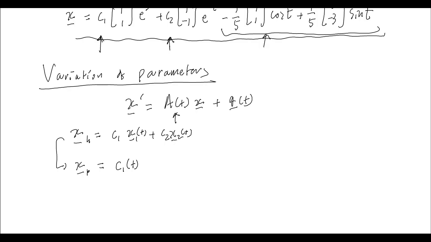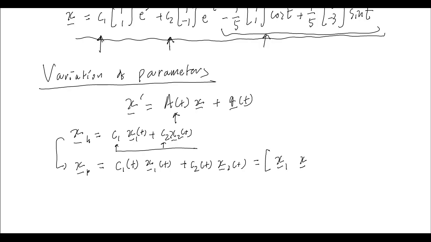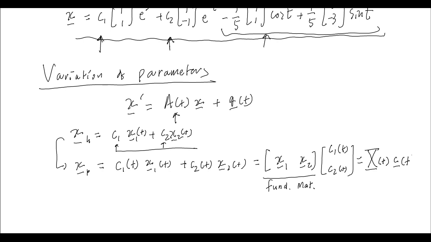So we change these two to functions of t. This can be written as the matrix with columns x1, x2, both functions of t, times c of t. And this is actually the fundamental matrix.